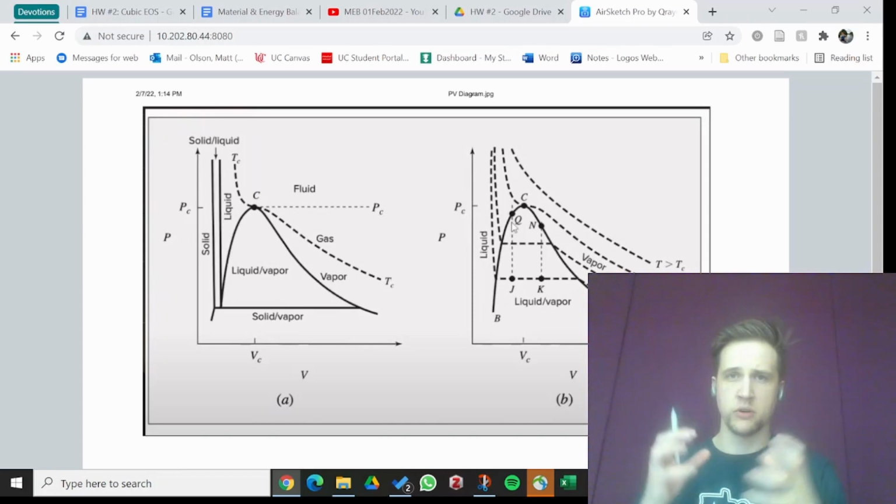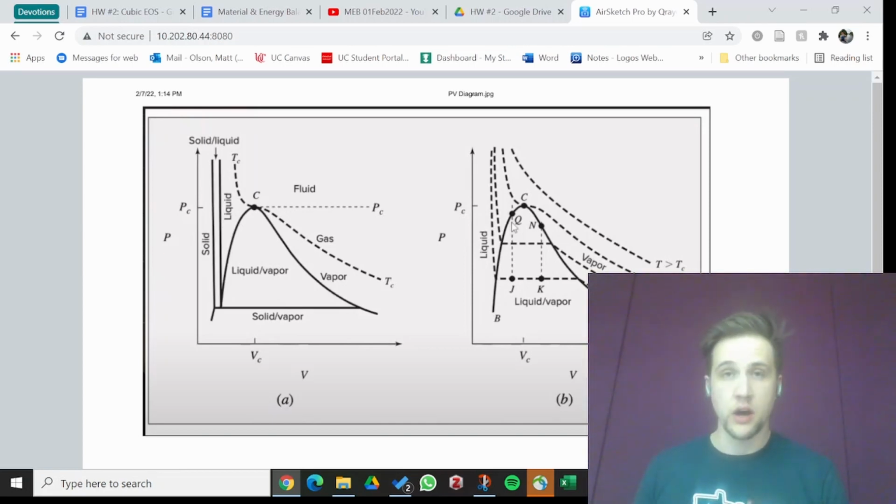They become indistinguishable, one and the same. The properties at the critical point are the same. So we've reached our critical point where the volume of the liquid phase is exactly the volume of the vapor phase.